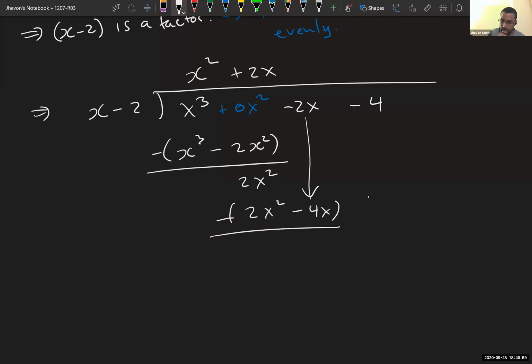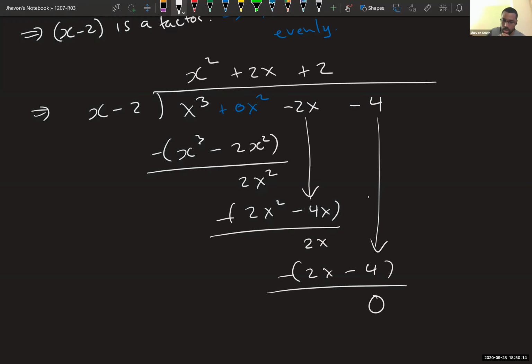Subtract that. Minus 2 plus 4x gives me plus 2x. X into 2x goes plus 2. 2 times that guy, 2x minus 4. Subtract that. Minus 4 plus 4 gives you 0, and you should get 0 here.